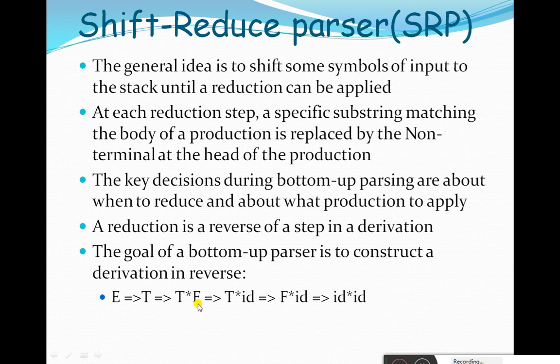So we apply the reduce action. id will be reduced to F. We get T star F. Then T star F is a complete handle that matches the body of the production T arrow T star F. So we replace T star F by T. Then finally T is a handle in the production E arrow T. So we replace T by E. So we arrive at the start symbol. It's the root of the parse tree.